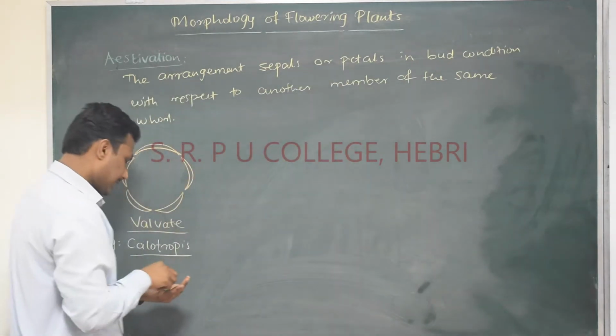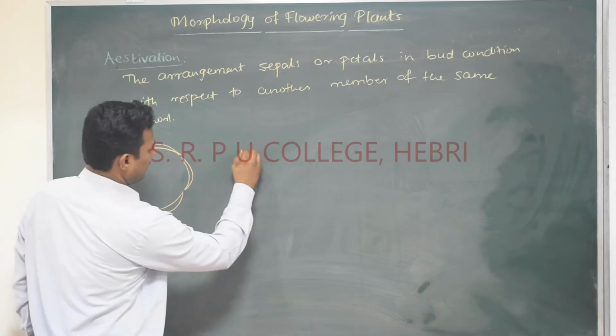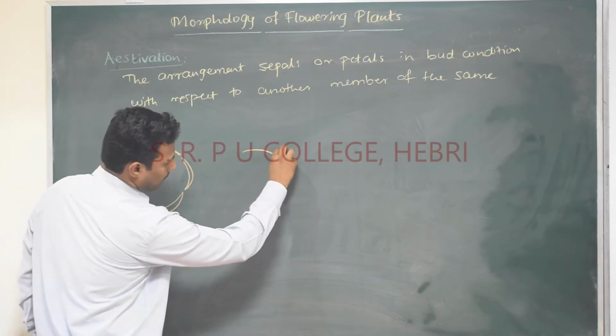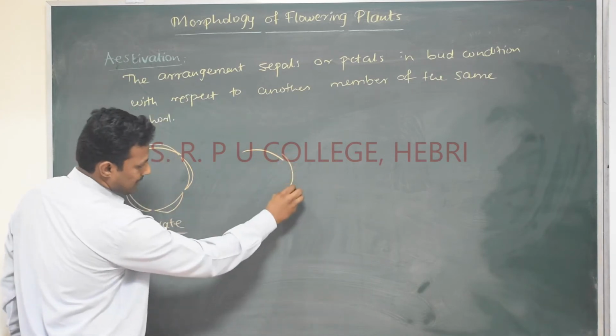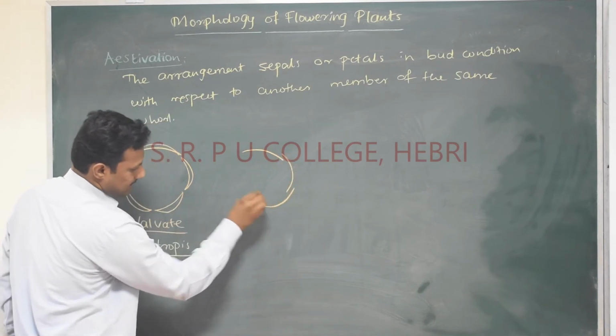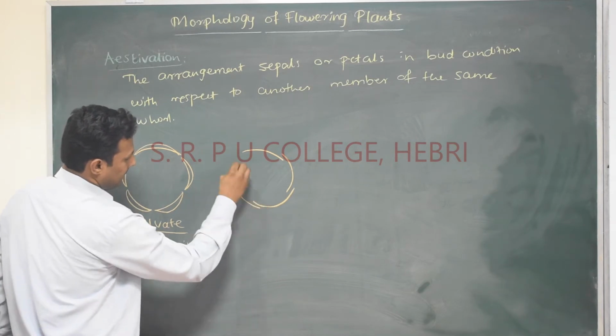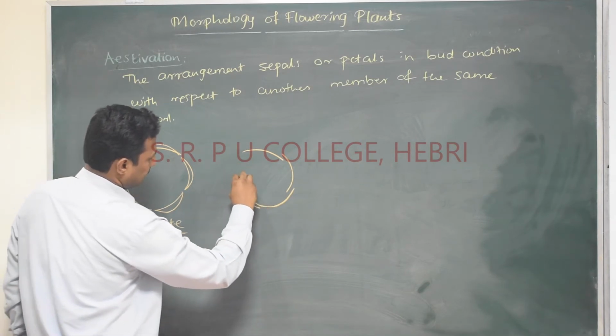Let me try to draw the diagram of the twisted aestivation here. See, this is overlapped by the other, this one is also overlapped by the other like this, and once again this is also overlapped by the other, and even this one.